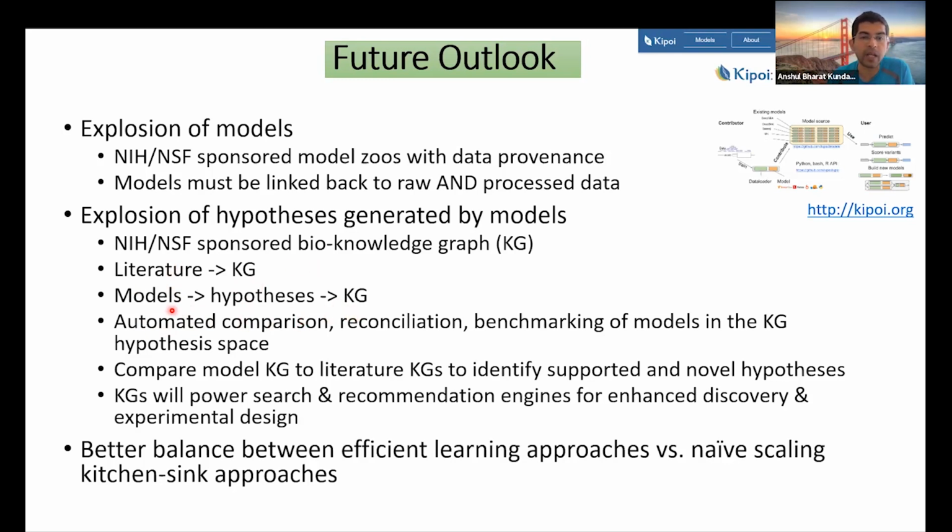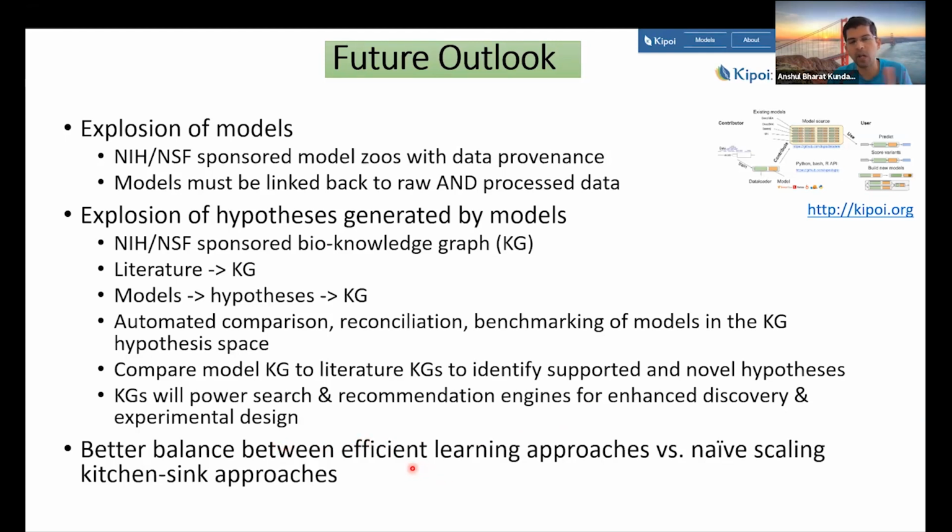And if literature and models are embedded in knowledge graphs, you could imagine performing automated comparison, reconciliation, and benchmarking of models in the knowledge graph hypothesis space. You can compare the models' knowledge graphs with literature knowledge graphs to identify supported or novel hypotheses. And these knowledge graphs could really power search and recommendations for enhanced discovery and design.